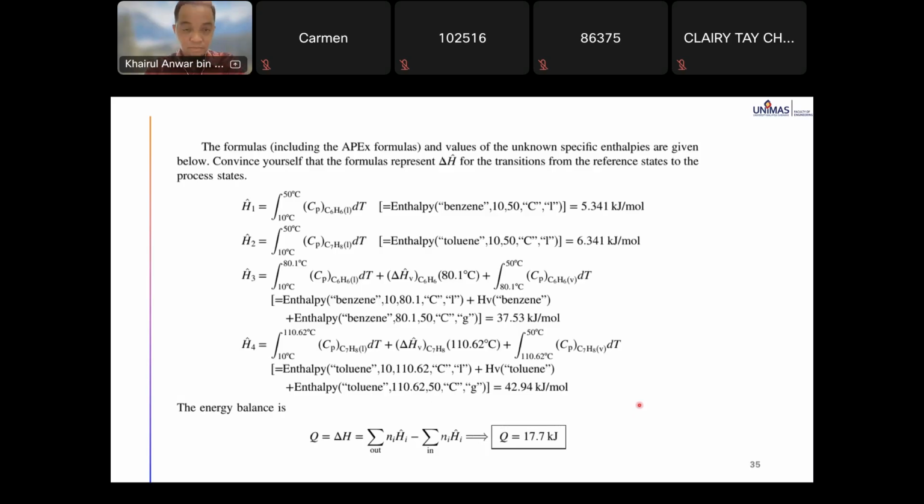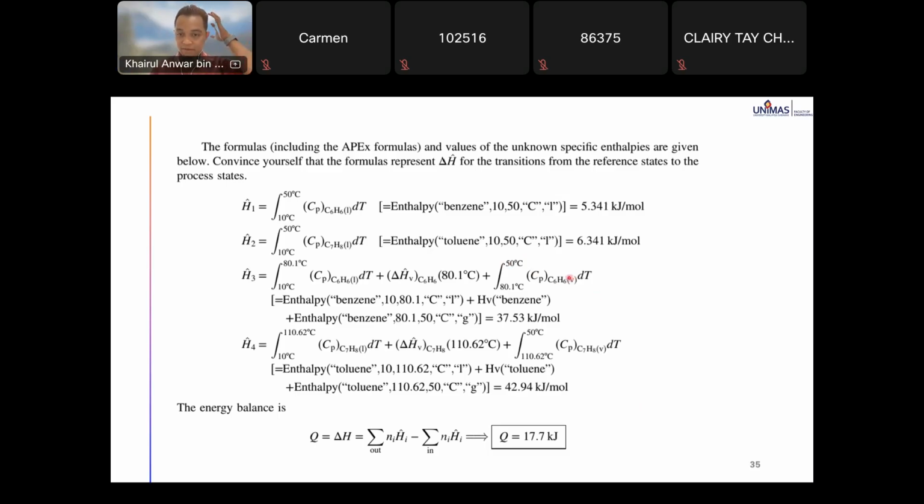H2 also uses Cp, that one is for toluene. H3 is phase changes. Why phase changes? It started from liquid at the reference state of 10 degrees C, then ends up at 50 degrees C.